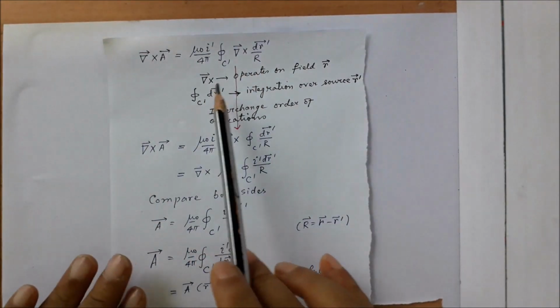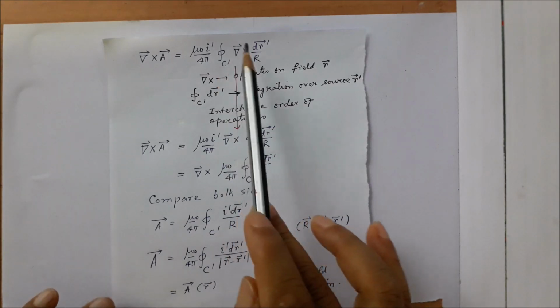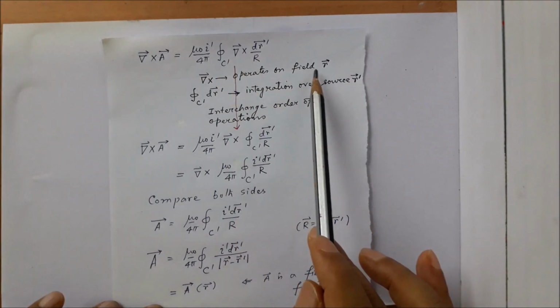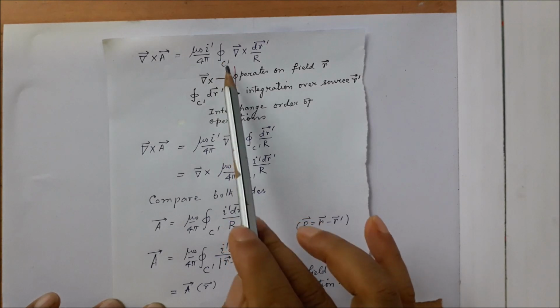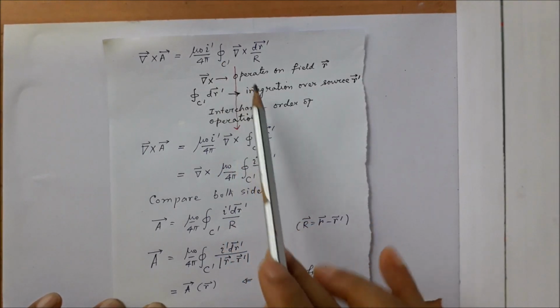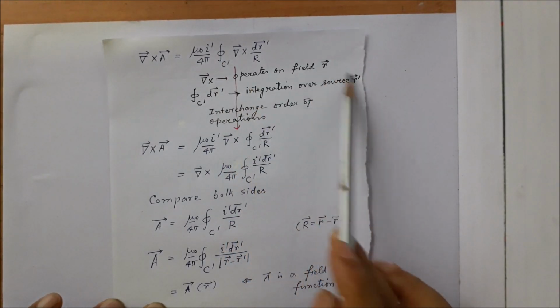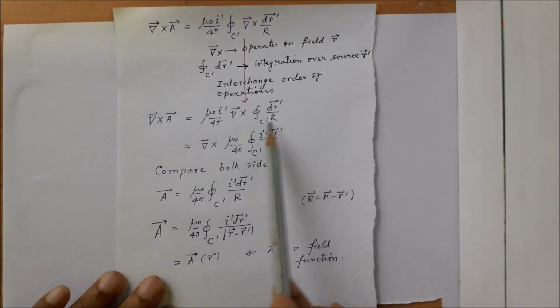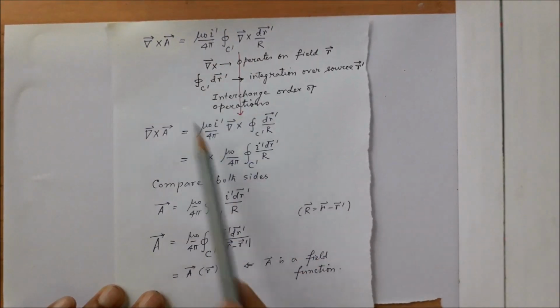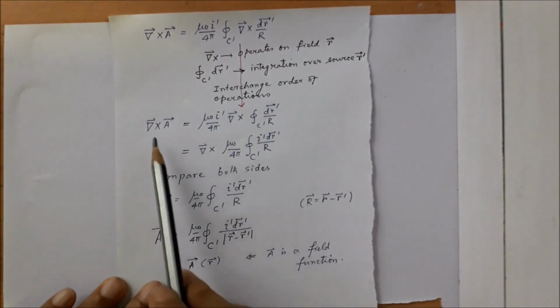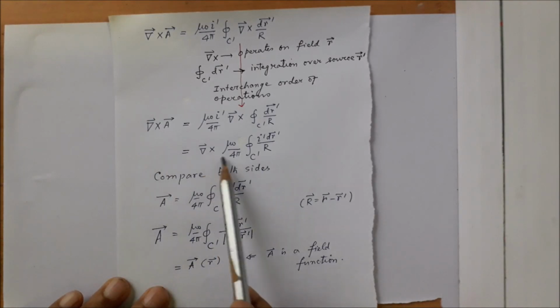Again here we have two operations. One is curl, which is with respect to field, and the other one is integration over source, and they can be interchanged because r and r prime are independent, and then we end up with this relation where curl has gone outside. So properly written, curl A becomes curl of this thing.